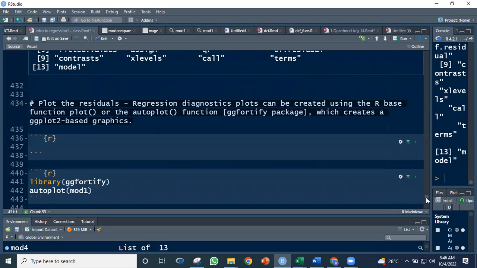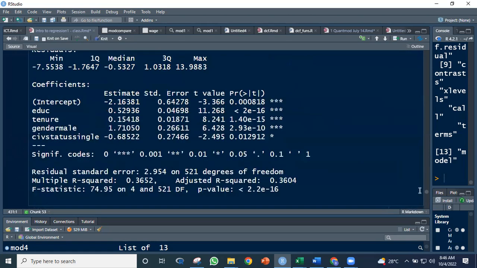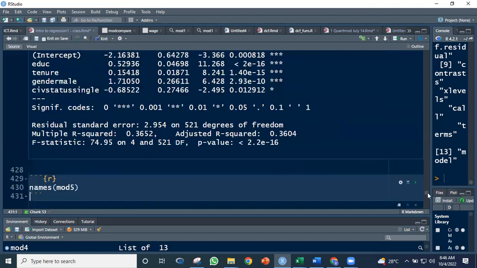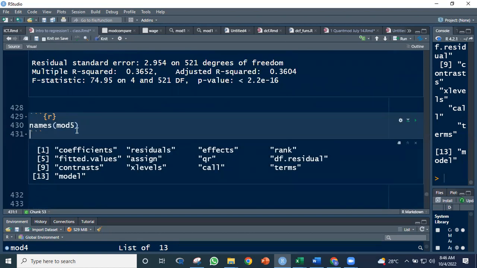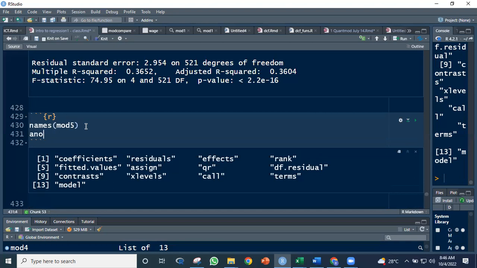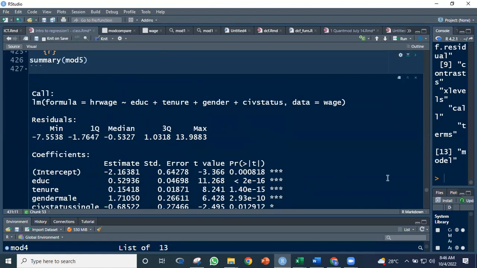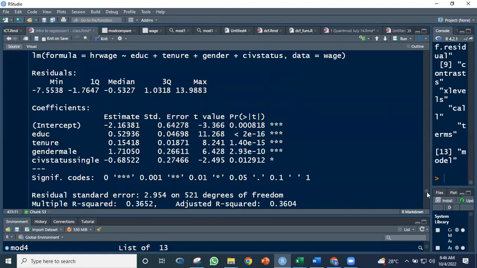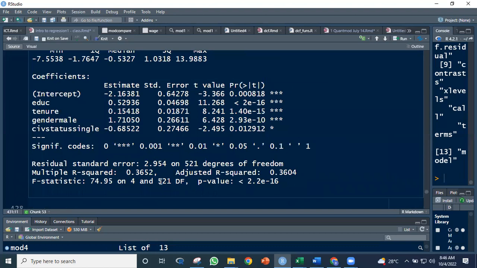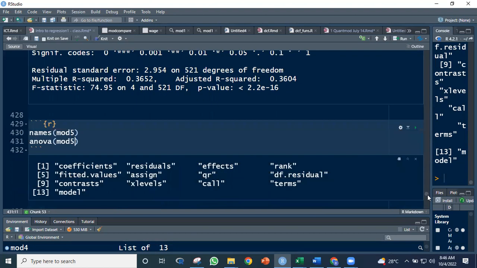Okay, so we summarized our model, right? If we take a look at, let's access the ANOVA. Let's get the ANOVA, because in our summary the analysis of variance was not given. This is the ANOVA, but it's not itemized.